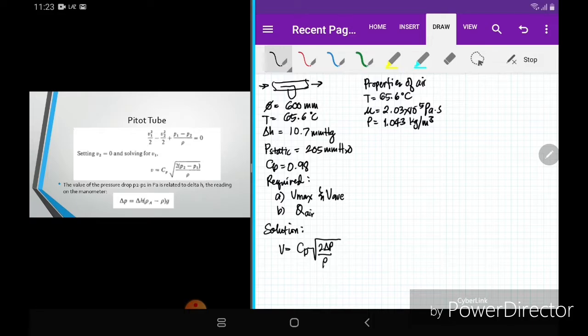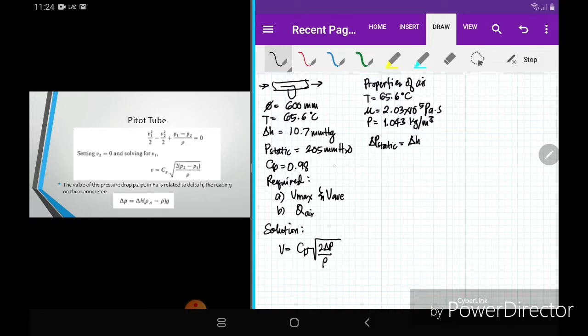Now, to calculate the absolute static pressure, because we need the difference of the two, remember, the stagnation pressure and the static pressure, let us first calculate the static pressure. Delta P static can be calculated utilizing the delta H static.